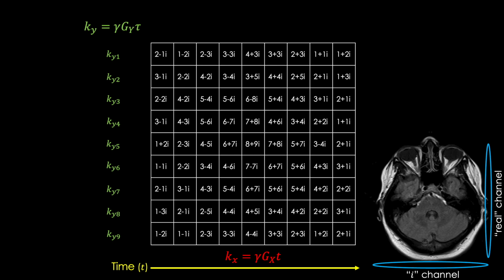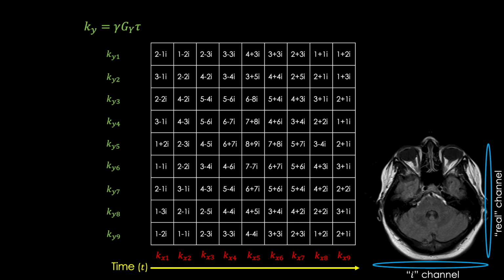Additionally, while we kept this gx gradient the same for each cycle, time was changing as we were applying this gradient while recording our signal, so our kx values will be changing along the rows of this table. Together, you can see that each recorded data point is going to consist of a unique combination of kx and ky values. kx1, ky1, kx2, ky2, kx3, ky5, kx7, ky6, and so forth.